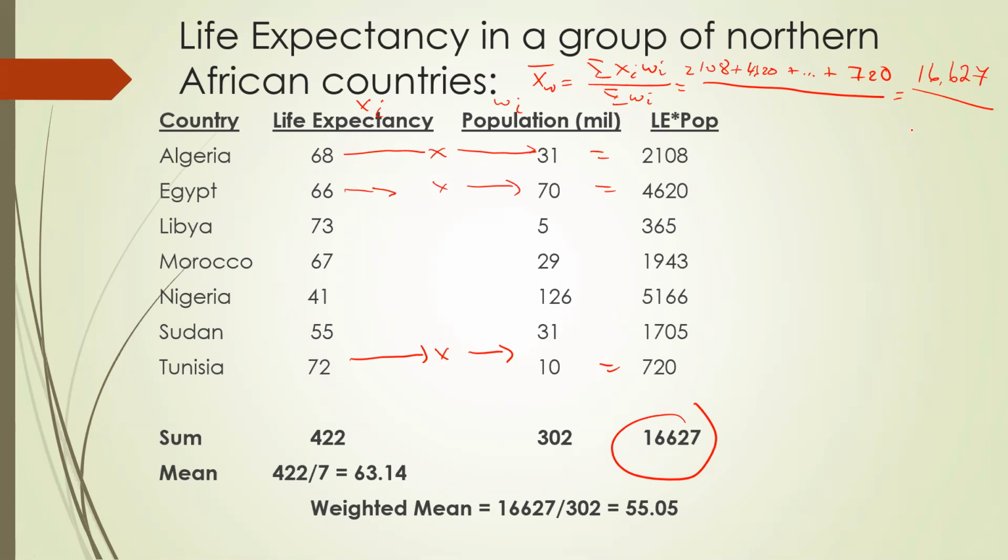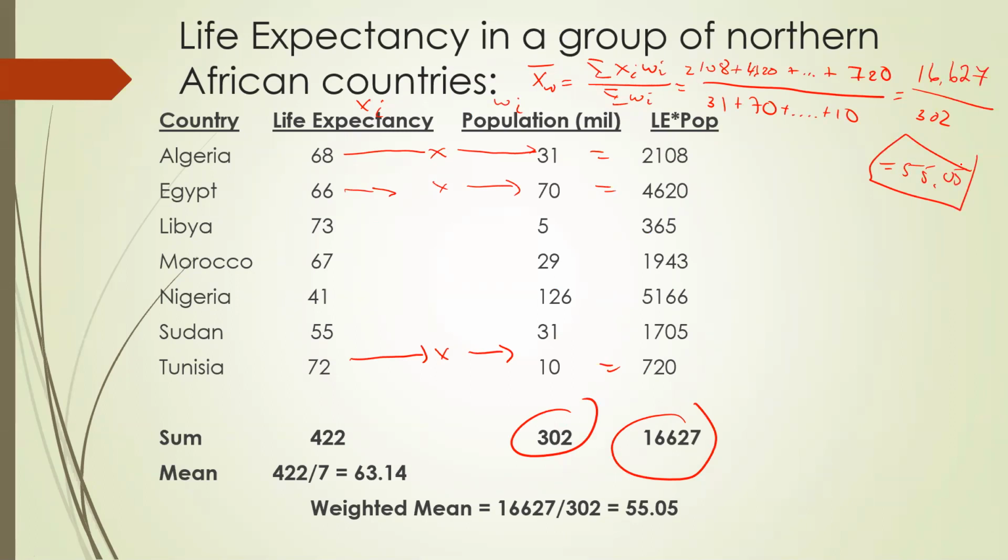It's so large it doesn't make sense. So here's why you divide it by the sum of the weights. So like 31 plus 70 plus 10 gets this number, which is 302. And when you take this divided by this, you get a much more accurate picture of the life expectancy in these 7 countries.